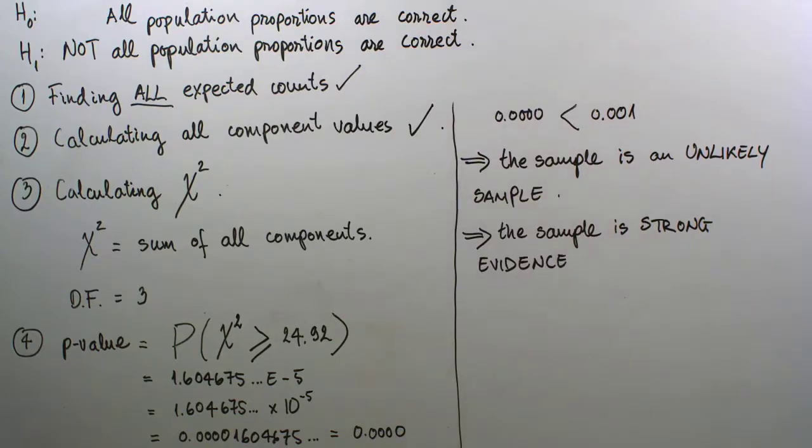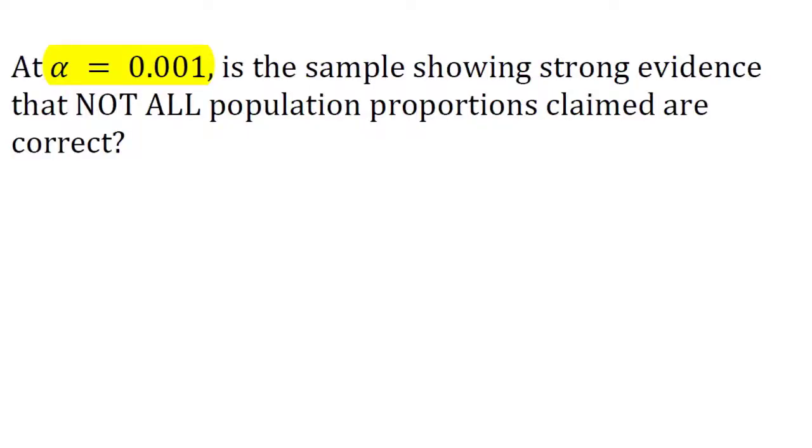And so now strong evidence for saying that not all population proportions claimed are correct, meaning we're supporting H1. And on the other hand, it also means that we are rejecting H of 0.